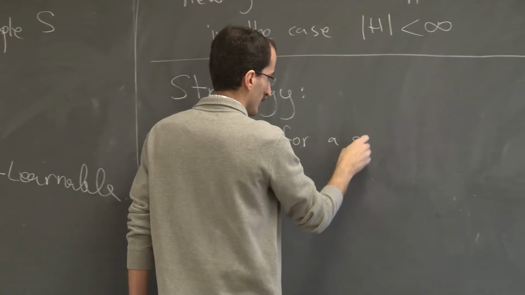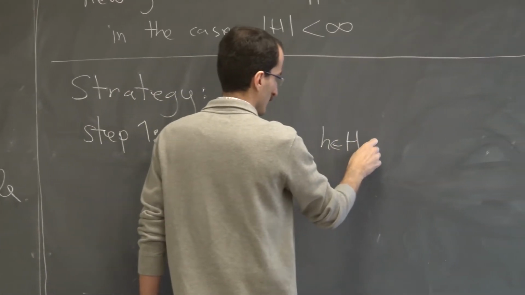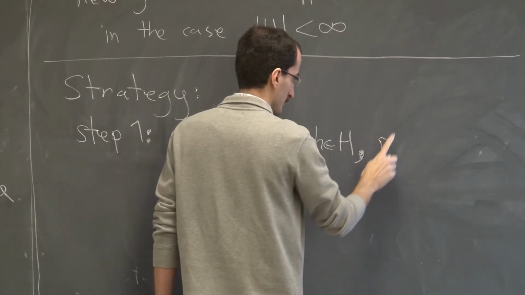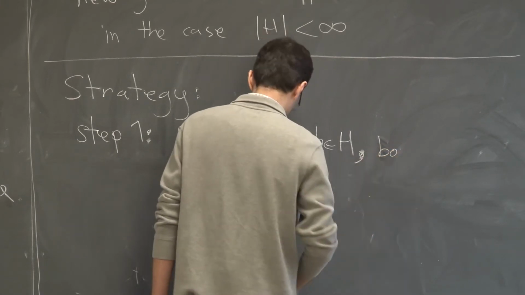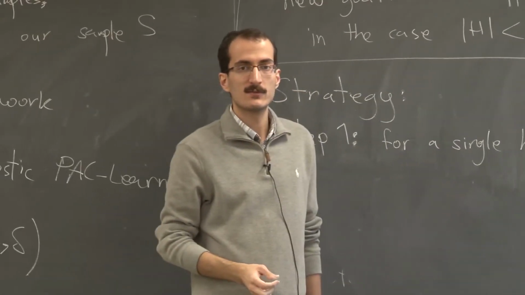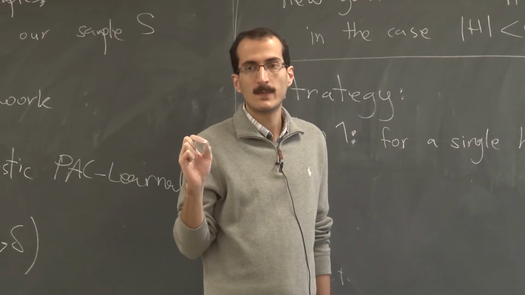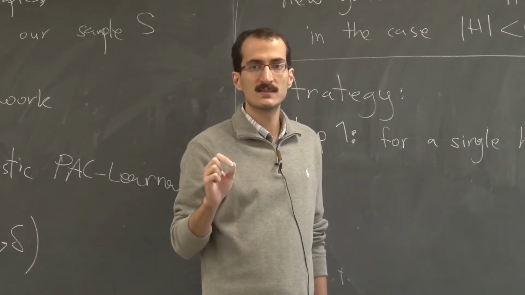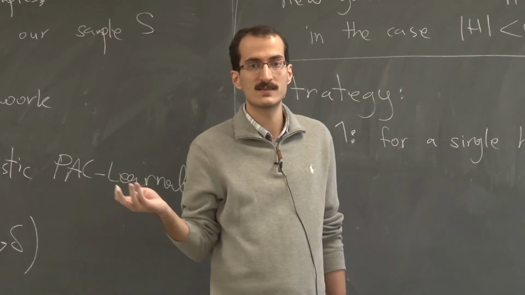For a single hypothesis, how many samples do I need to make sure that the true error is close to the empirical error? Because the epsilon representative definition works with all of the hypotheses in the class.